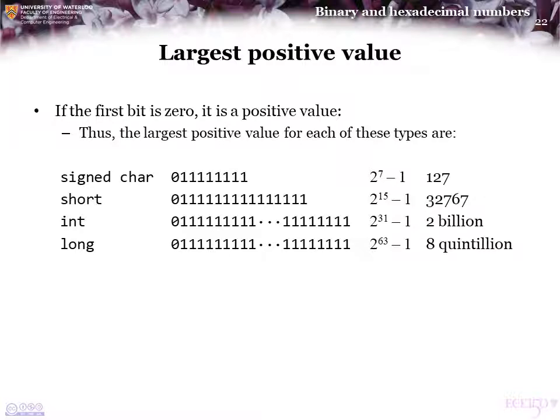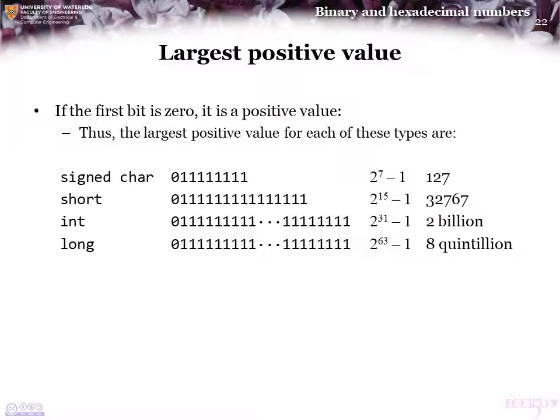Now, if the first bit is 0, it's a positive value, and thus the largest positive value that can be stored for each of these 4 types, assuming of course that long is 64 bits, is for a signed char, 0 followed by 7 ones, or 127.